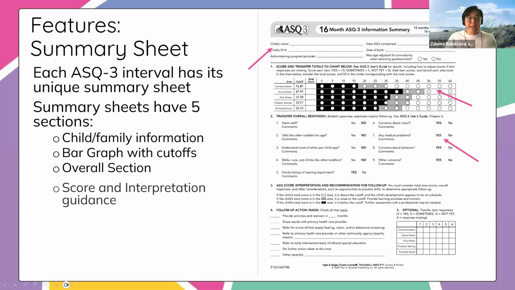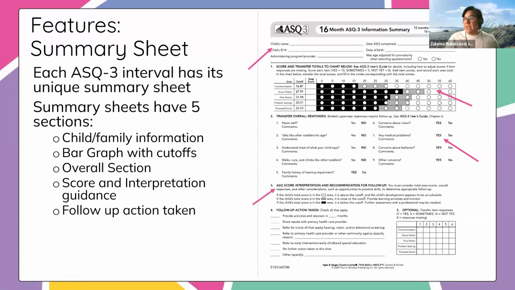There's always going to be some guidance around the interpretation piece, right? So you can already start to see if a child falls into this unshaded area, what that means. If they're in this gray shaded area, what that means. And if they're in this darker shaded area, what that means. And then there's going to be some follow-up recommendations, right?